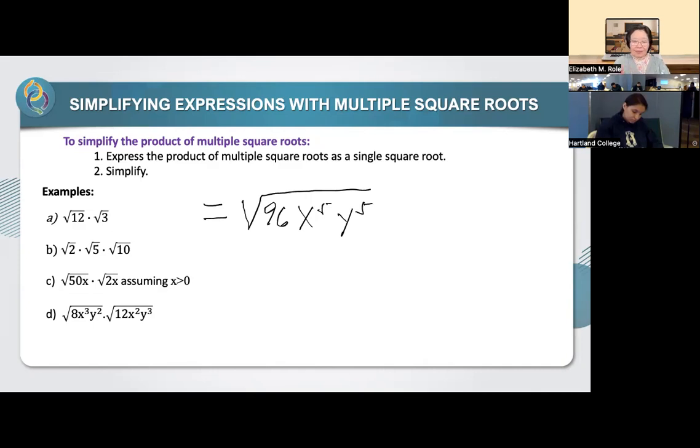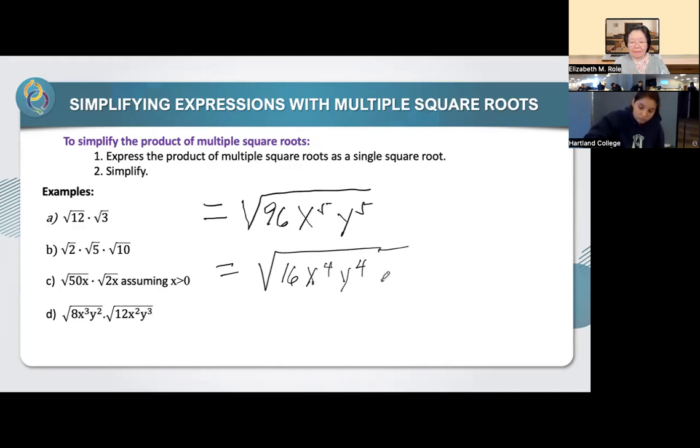Okay. So this is now the same as the square root of 16 x to the 4th, y to the 4th times 6xy. So we're taking out the fourth, remaining is xy.